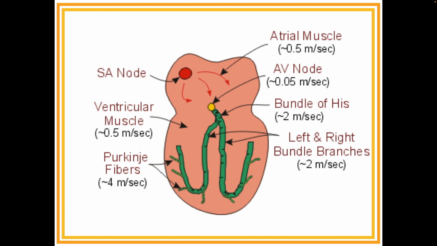The impulse is still traveling through the muscle, but you can see how much faster it is on the conduction system. The bundle of His is 2 meters per second, left and right bundle branches 2 meters per second, and the very fastest are the Purkinje fibers, 4 meters per second. But the muscle cells themselves off of the conduction system are 0.5 meters per second. So, a quarter to an eighth as fast.